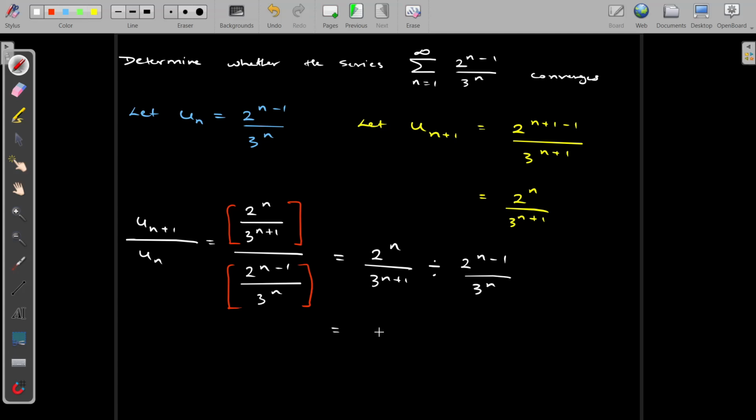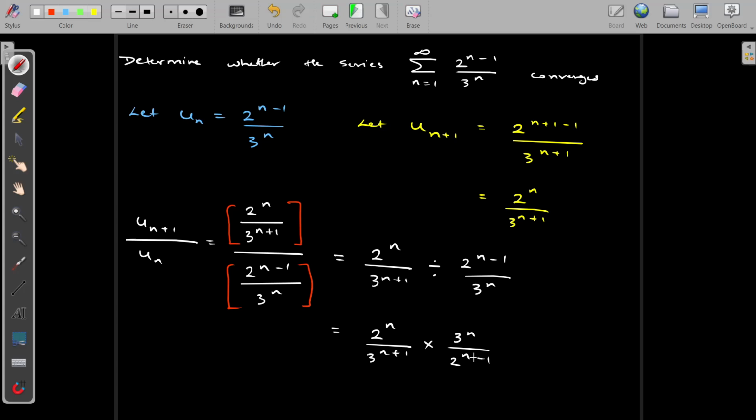Let me not skip that step. So now that's going to give us 2 to the n over 3 to the n plus 1 times, keep change flip, 3 to the n over 2 to the n minus 1.